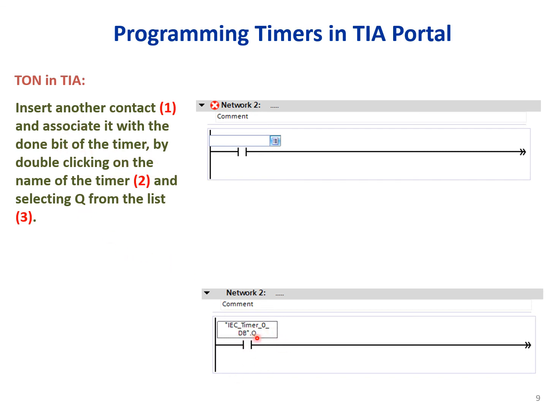The done bit of the timer is Q. So you will select the name of the timer and then Q. You can do that from the drop down menu when you click here. Okay, so 1 and 2 is selecting the name.